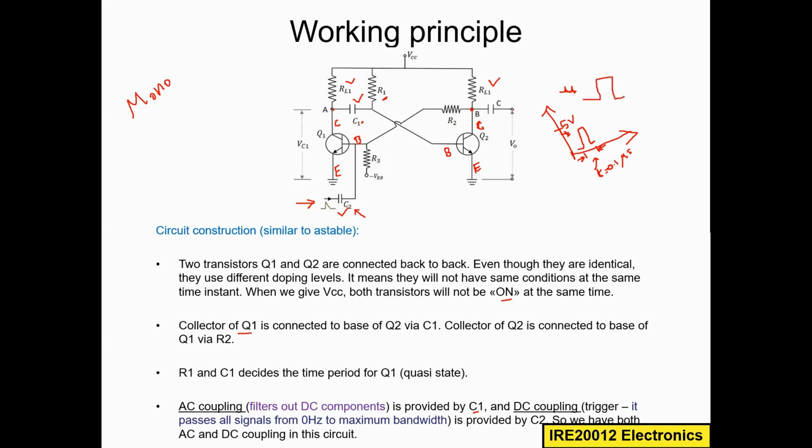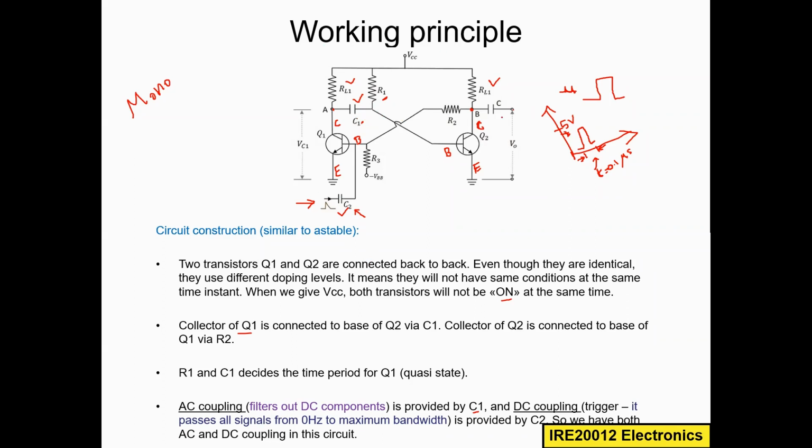So this helps us get the pure output. Here we have the DC coupling capacitor, and here we have the AC coupling capacitor. The purpose is that it acts like a filter, filtering out all the unnecessary impulses and components, and it gives only the necessary voltage at the output of this capacitor.